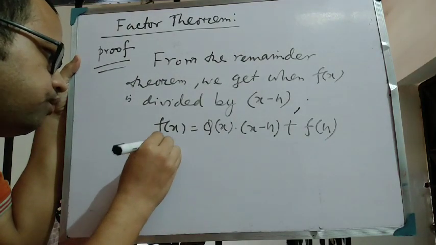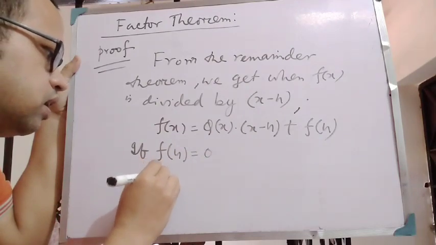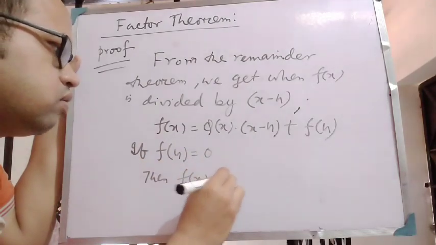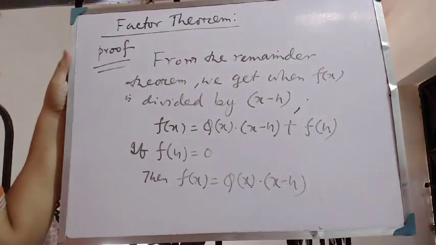Now if f(h) equals 0, then f(x) equals q(x) into (x minus h).